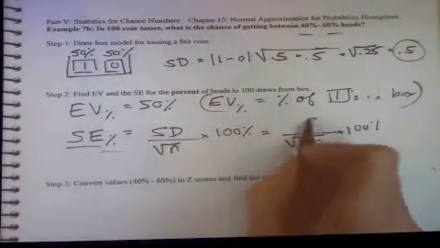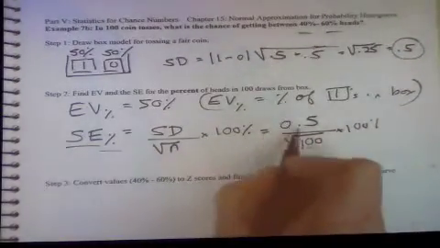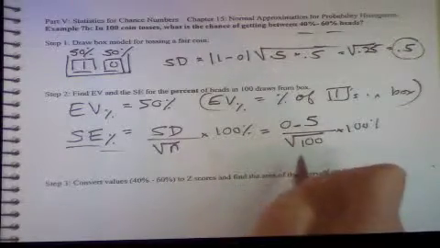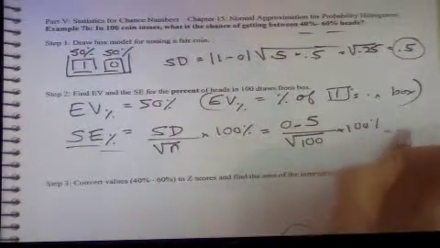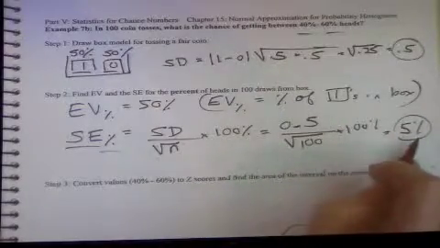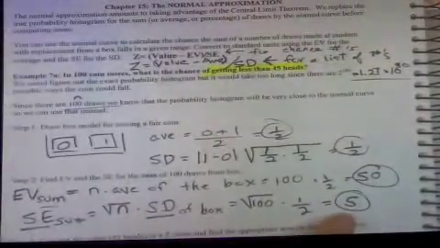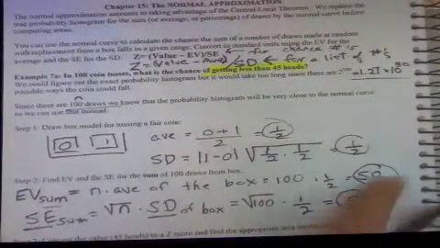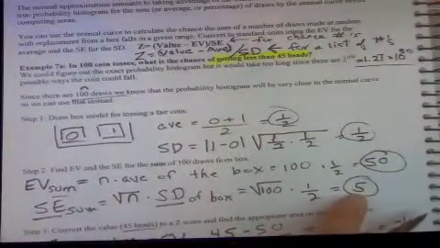We'll put that right in there. That's 0.5 divided by 10, times 100, which is 5%. That looks like the same thing we got with the sum. It is the same thing, just because we're taking it out of 100. Percent means out of 100. If it was any other number, it wouldn't be the same. You'd get a different number here.